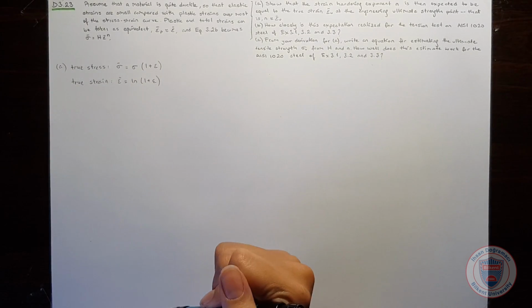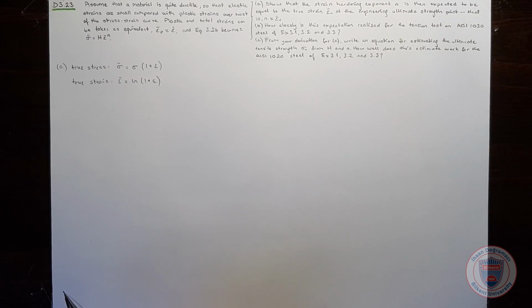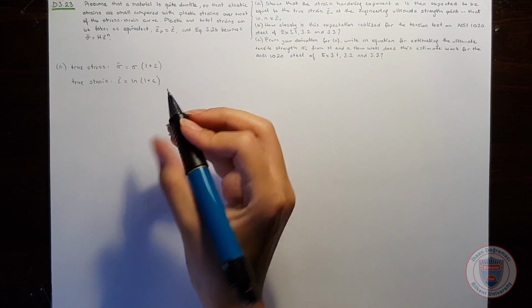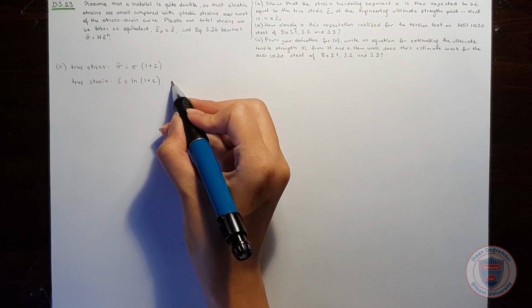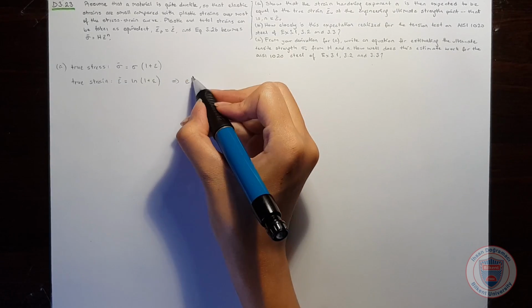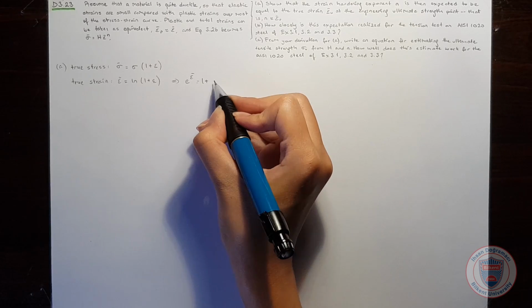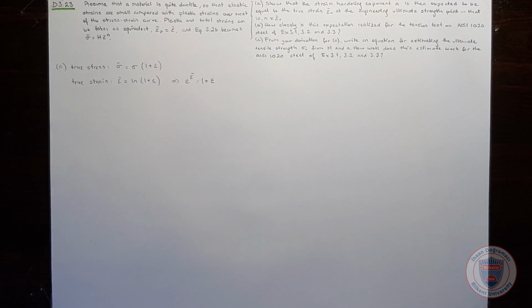Here, our goal is to write true stress in terms of true strain so that we can find a relation between the given equations. We can say that the exponential of true strain is equal to 1 plus engineering strain.